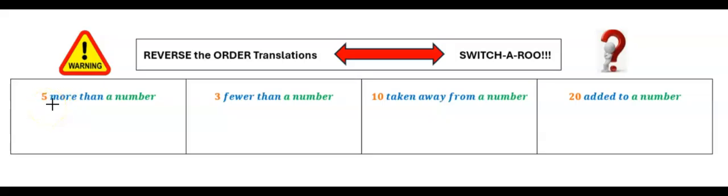So when we see the words more than, and we're reading this 5 more than some amount, we need to start with the amount n. We have to start with the amount we're given, and we need to go up 5 from there. So this would translate as n plus 5. This is not 5 plus n.